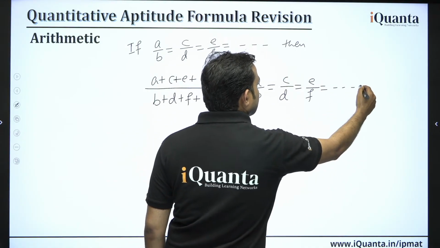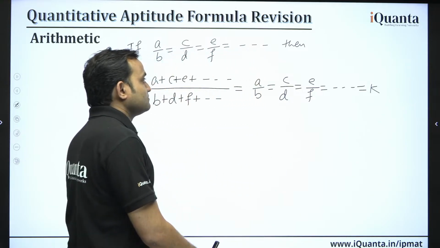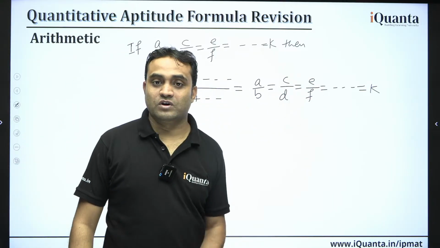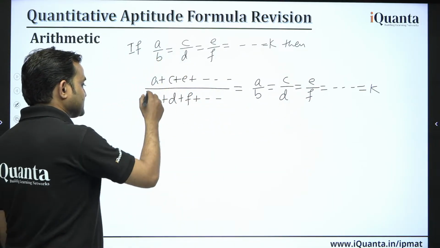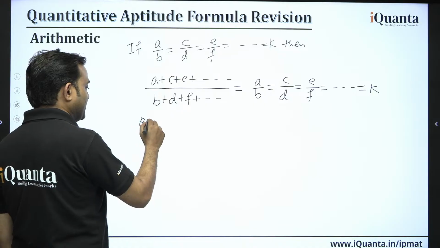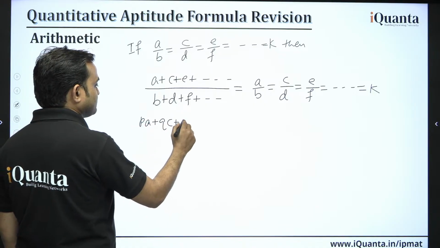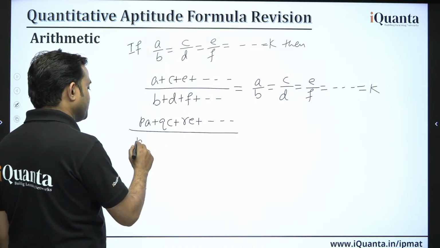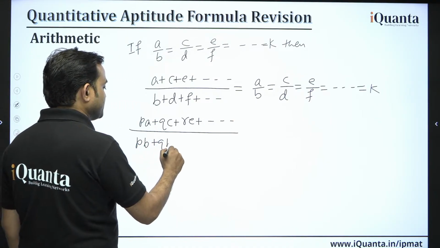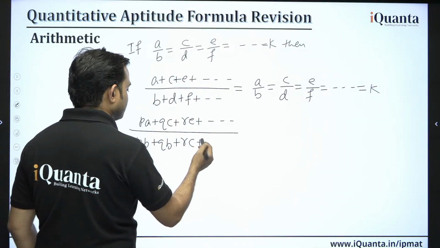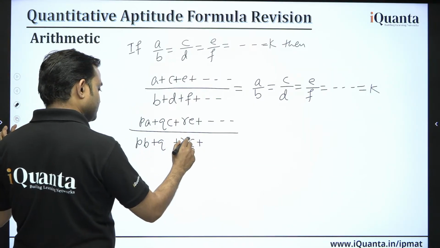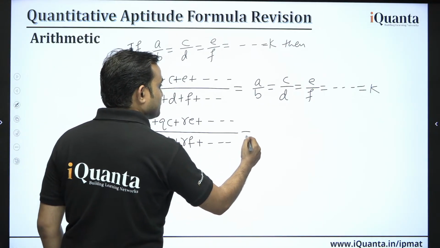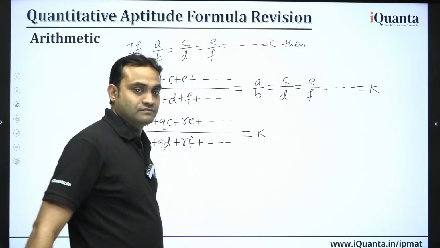Let's say this value is K, then this will also be equal to K. And then we can say that PA plus QC plus RE divided by PB plus QD plus RF will also be equal to K, okay?